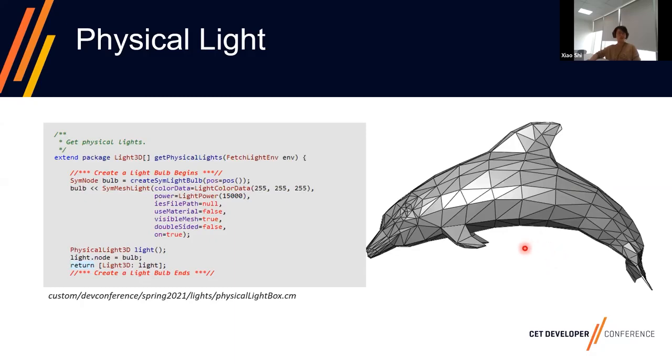But if you have a closed model like this dolphin, you probably don't want to have the light inside of it because no one will really see it. So usually we'll just have that set to false. And this on is just light turning on and off. You can control that by light settings and pass it in, but here I just set it to be true. So that's pretty much all of the parameters.